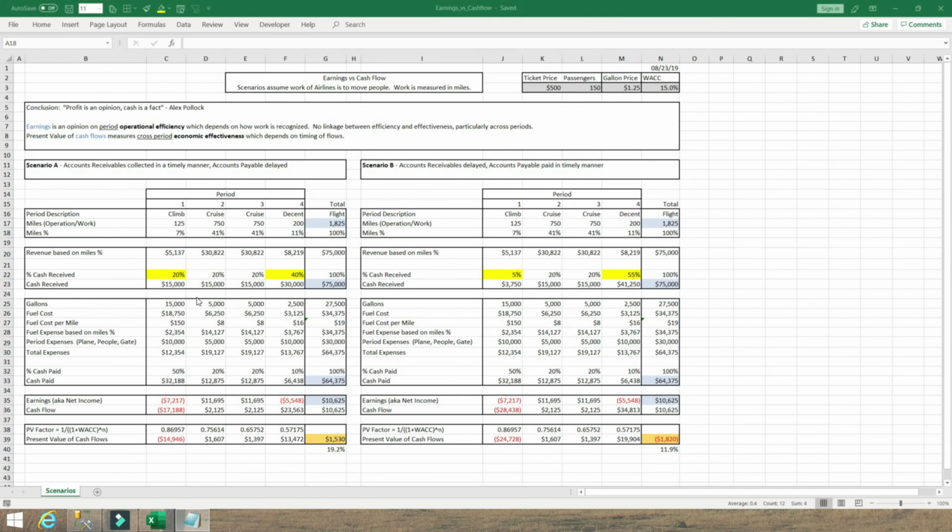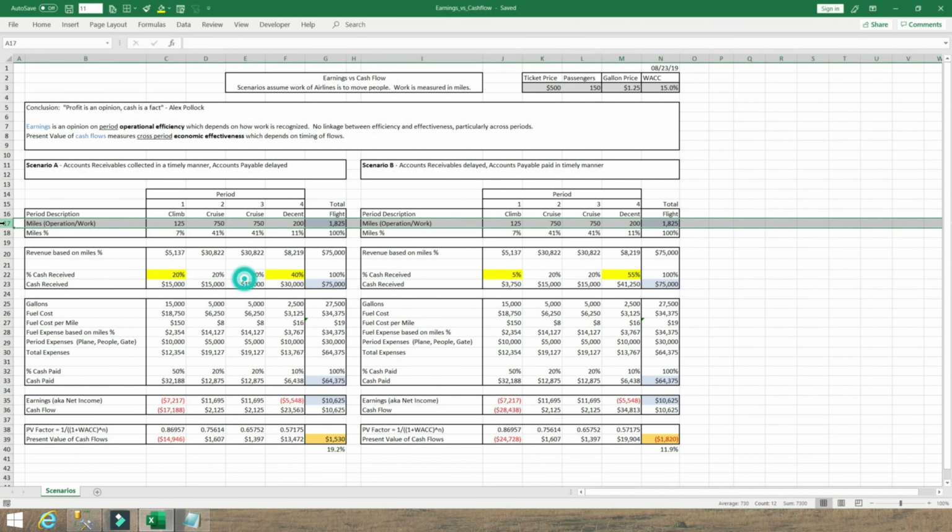To clearly see the distinction between cash flow and earnings, let's take a look here at a simple example. The spreadsheet shows essentially just think of an airline trip, a single airline trip, and we're going to assume that the main purpose of an airline is to move people. So we're going to measure the amount of operational work that's done by the number of miles that are covered.